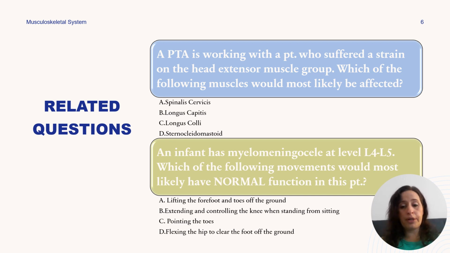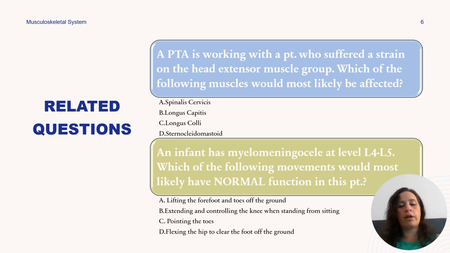So remember that myelomeningocele, which is a type of spina bifida, is like a spinal cord injury, right? So you have the spinal levels starting from C1 to L5 or S1, and wherever the lesion is, wherever the spinal cord injury is, or wherever the myelomeningocele lesion is, below it, things are going to be messed up, right?